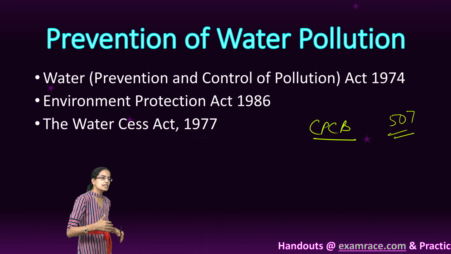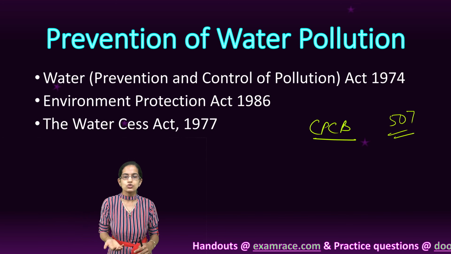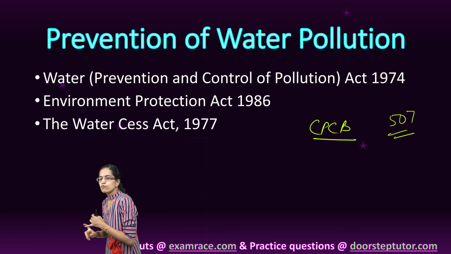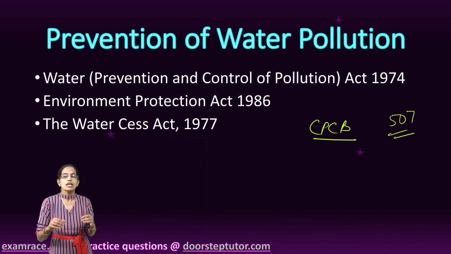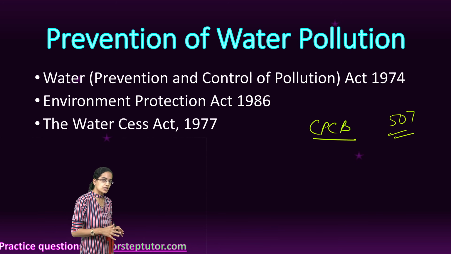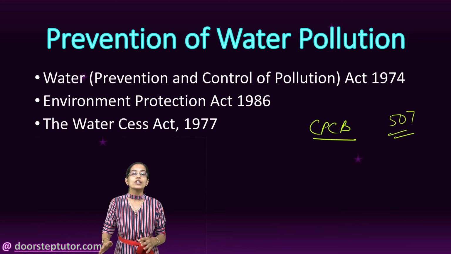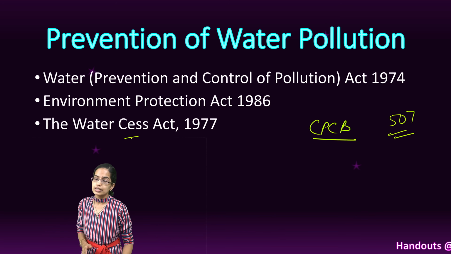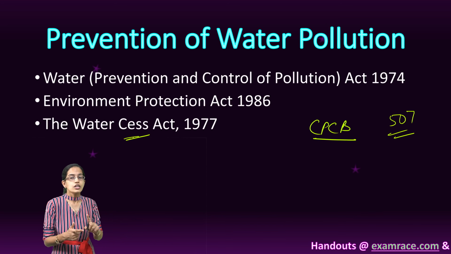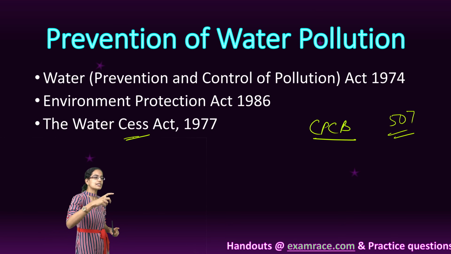So, legislative provisions need to be embarked upon. For example, the Water Prevention and Control of Pollution Act has been released. Later on, we had the Environmental Protection Act 1986, and the Water Cess Act has been important. This is an extra cess which is charged on the normal taxation. So cess is a tax on tax.